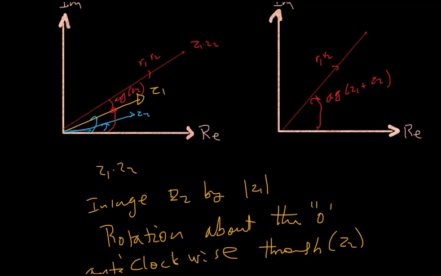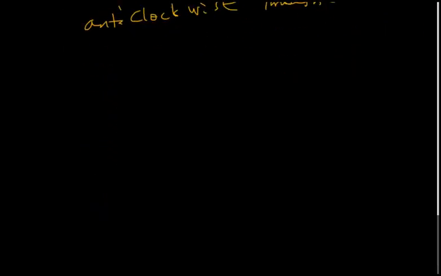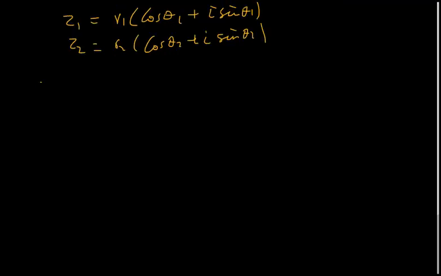So let's move on to the quotient. How are we going to represent this when we divide two complex numbers, geometrically and algebraically? Let's prove first. Let's find z1 over z2.